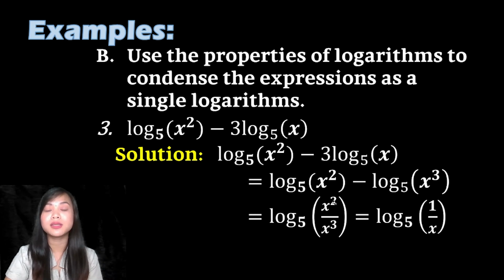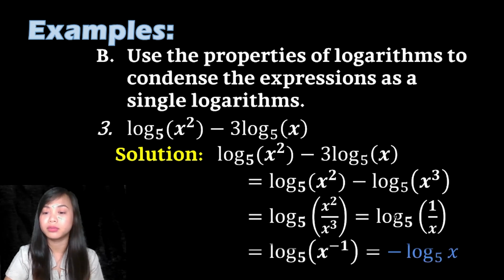Then by the law of exponents, when we have division and the same base, we just subtract the denominator exponent from the numerator exponent. So 2 minus 3 is negative 1. So we have x raised to negative 1, which we can write in the denominator, so the value of your power will be equal to 1 over x.